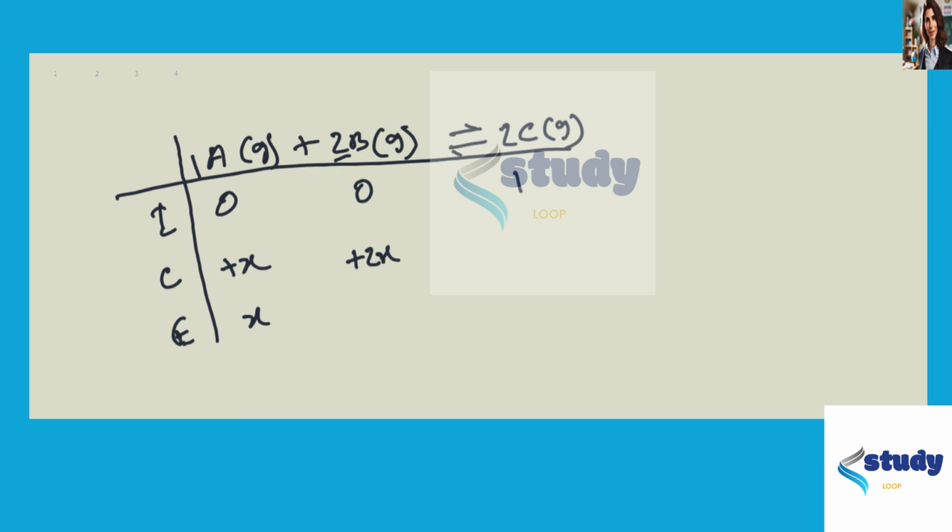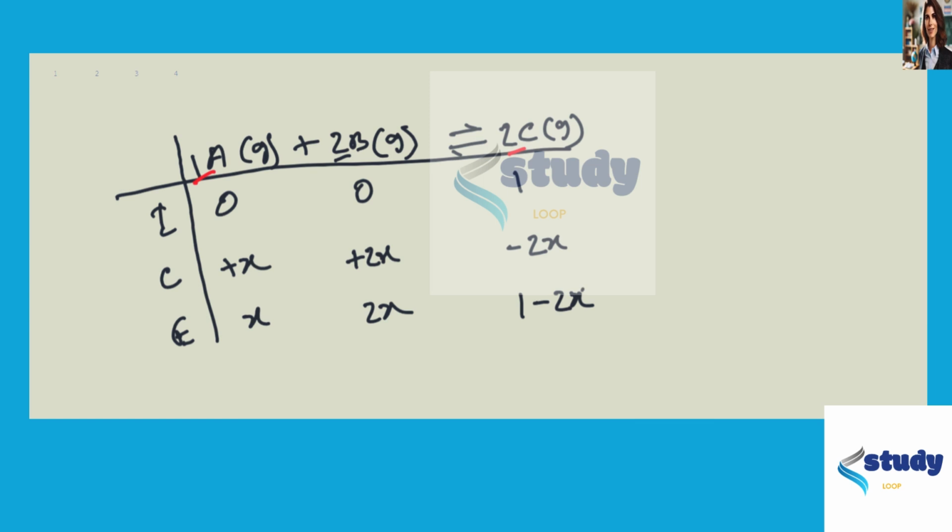In case of the product C, the change will be opposite, and again one molecule of A can produce two molecules of C. That means if the change in case of A is plus X, in case of C it will be minus 2X. That means the equilibrium concentration of A is X, the equilibrium concentration of B will be 2X, and the equilibrium concentration of C will be 1 minus 2X.